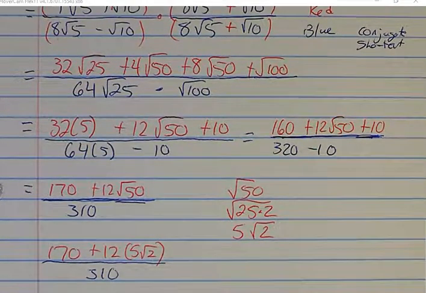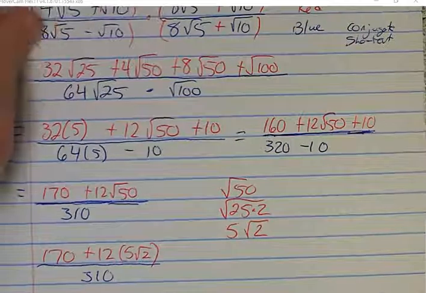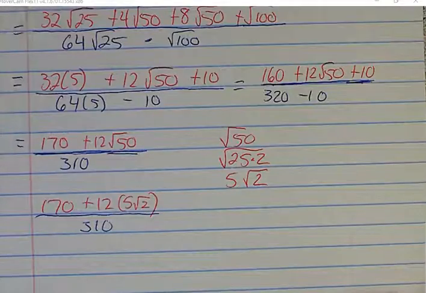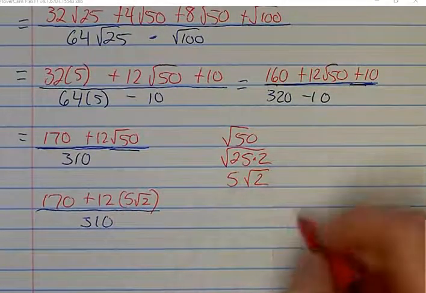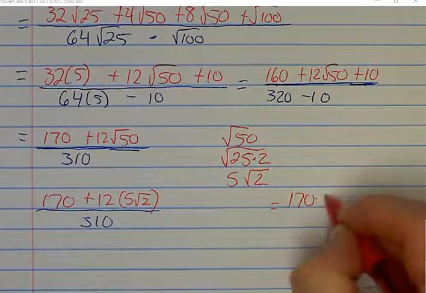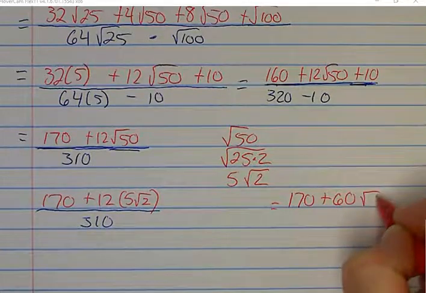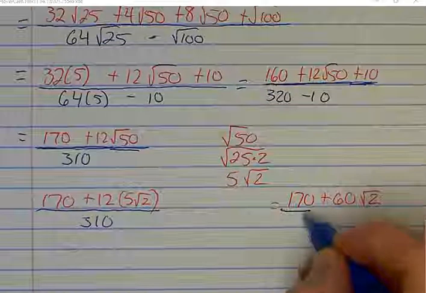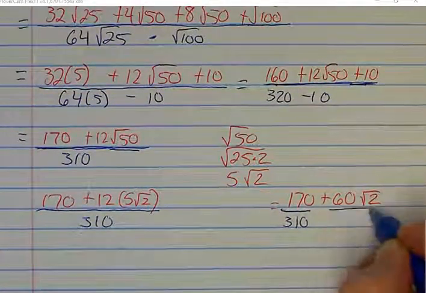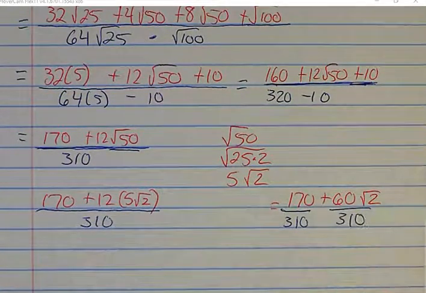That's over 310. So for that one, we're going to do 12 times 5 and make it 60 square root of 2, and because the 310's on the bottom, that's where we're going to break it up into 2 parts. So it's 310 here, and then 310 here.